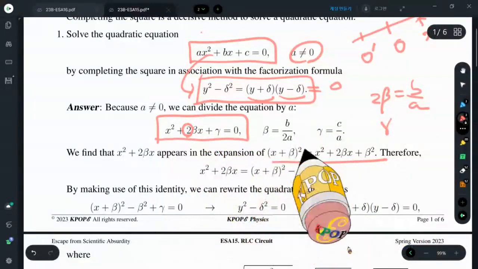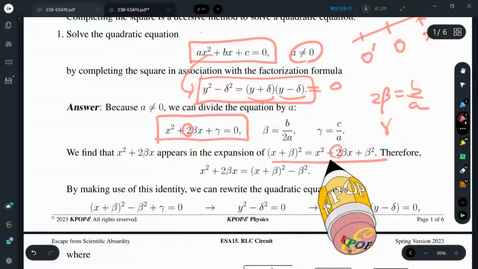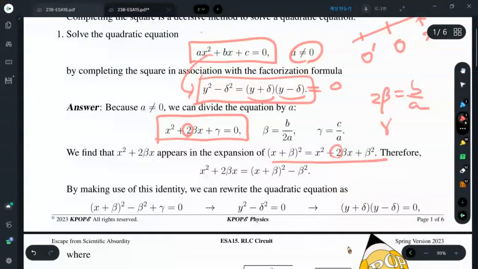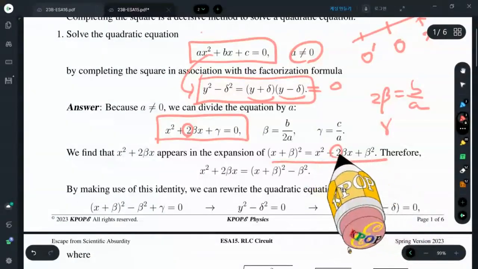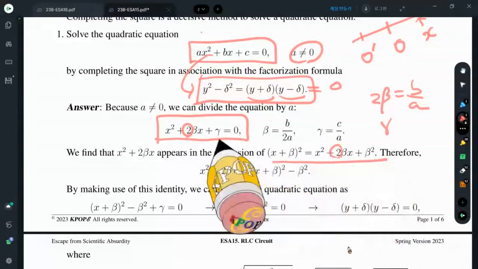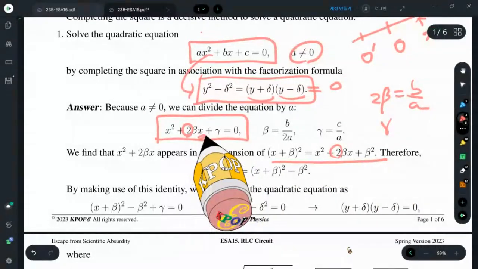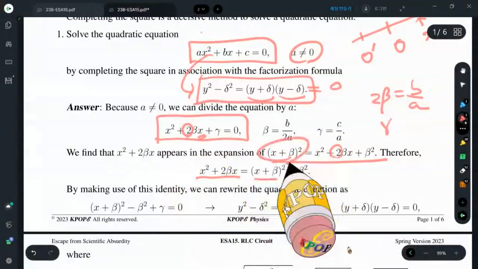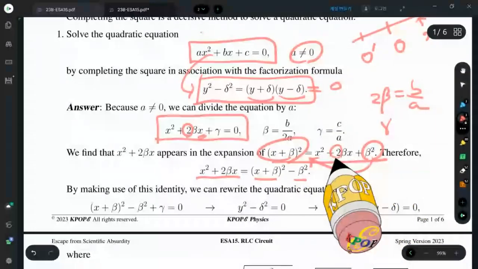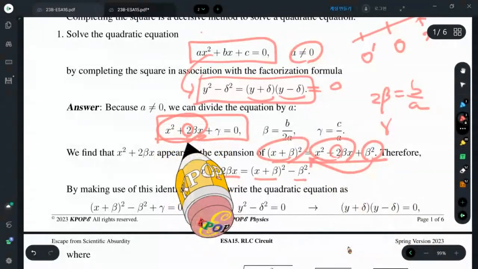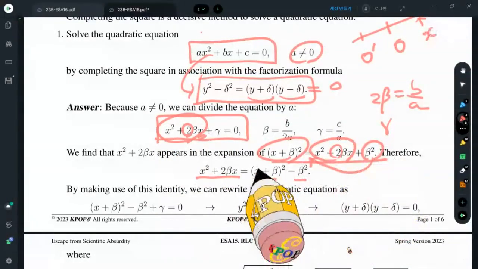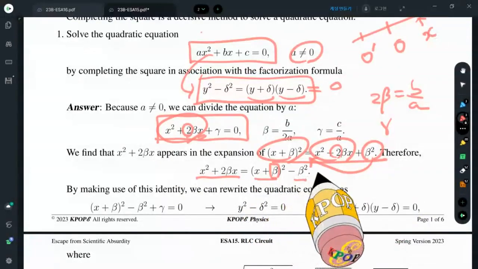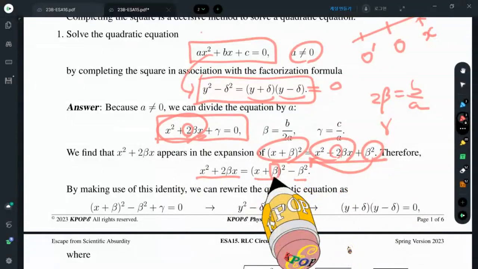If you expand x plus beta squared, we always have a factor of 2, the combinatoric factor, the binomial coefficient. We make use of this to kill the linear term. How? This is called completing the square. Subtract this one, and you will find this guy: it is simply expressed as the square of x plus the shifted value, subtracted by the square of the shifted value.